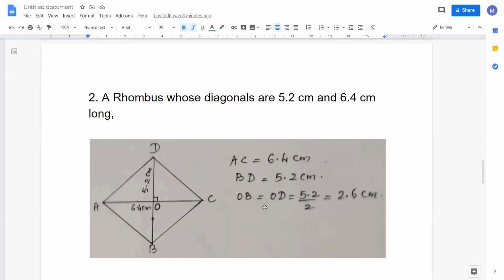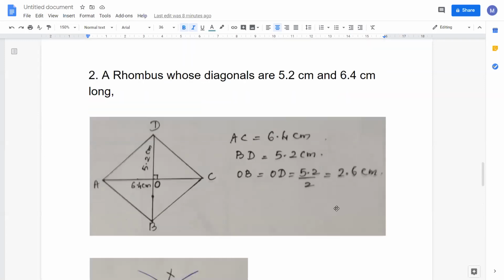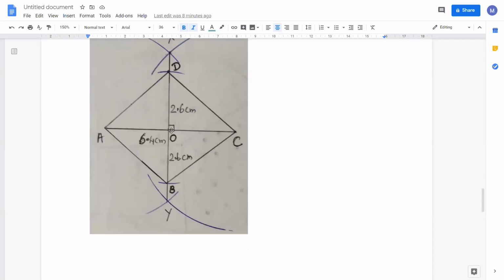OD and OB equal to 5.2 divided by 2 equal to 2.6. So taking radius 2.6 centimeter with O as center, we have to draw arcs on the upper side and lower side of AC. So you will get points B and D, and joining them, you will get the rhombus. And this construction of both these we are learning through the video now. I will show you the video now.